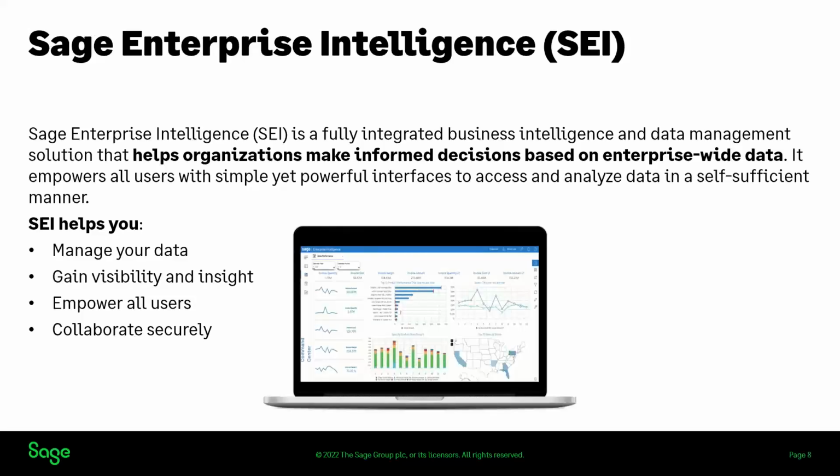Really, that's what it's all about, providing data access to those who need it to do their jobs. SEI is a fully integrated BI solution, but also provides some data management capabilities as well. So when I talk about the challenges, that growing data volume, the number of different disparate systems you might be using, pulling that information all together, that's something that SEI is really intended to help organizations do.